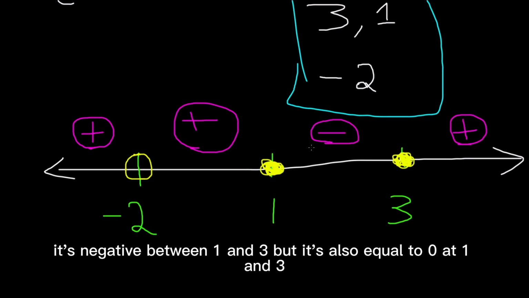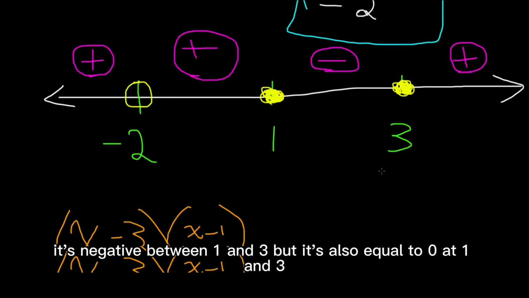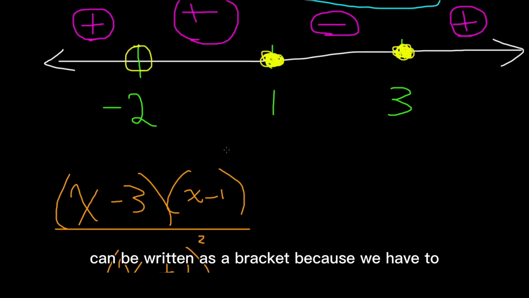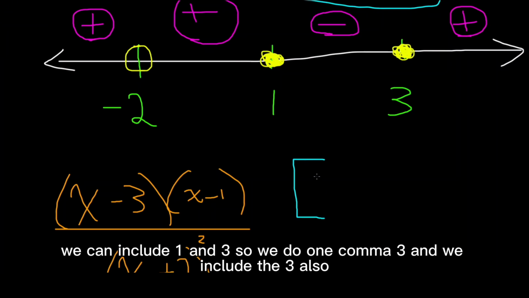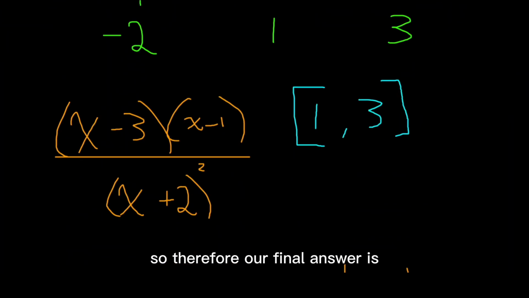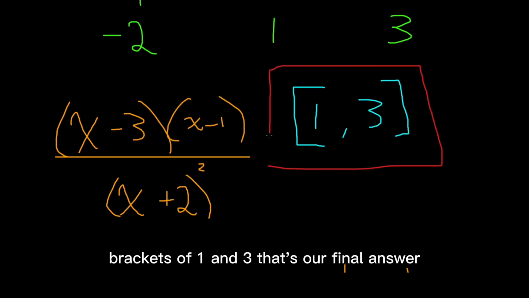But it's also equal to 0 at 1 and 3. So that means our answer can be written as a bracket, because we can include 1 and 3. So we do 1, comma 3, and we include the 3 also. So therefore our final answer is brackets of 1 and 3. That's our final answer.